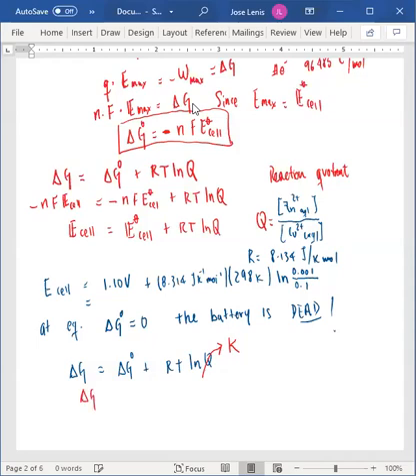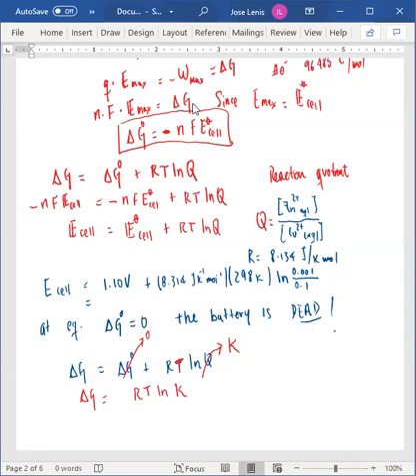So this is 0, RT, this is capital T here, absolute temperature, RT natural log of K.